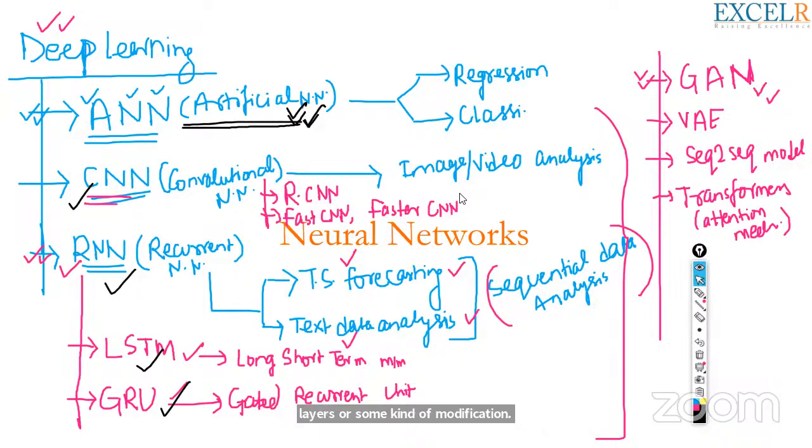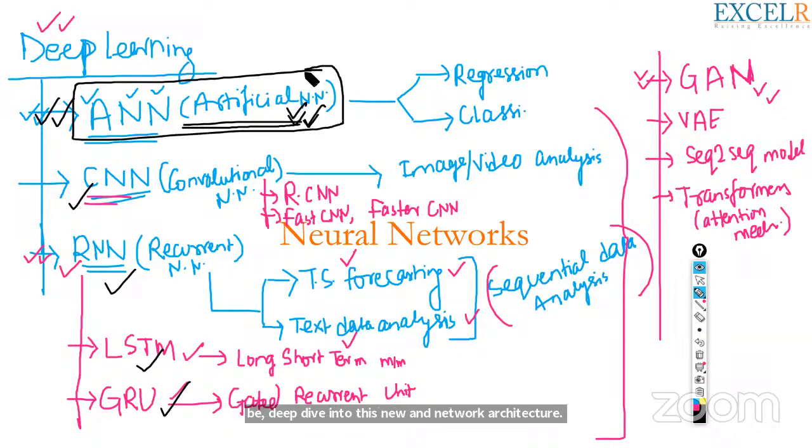Cool. Great. So let me remove this part. I hope you guys are clear where we stand. So this is what we have understood, and we are now going to deep dive into this neural network architecture. Once we cover this ANN part, we will jump to the RNN part, right?